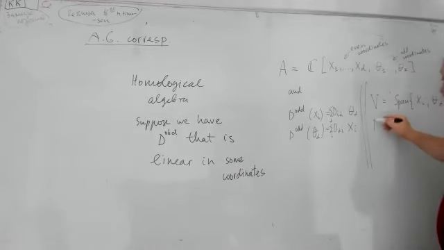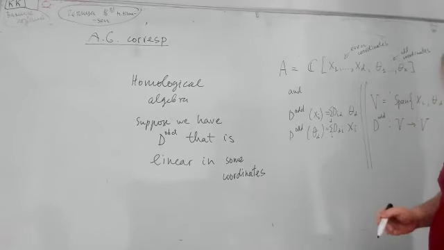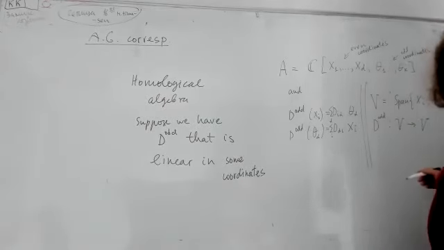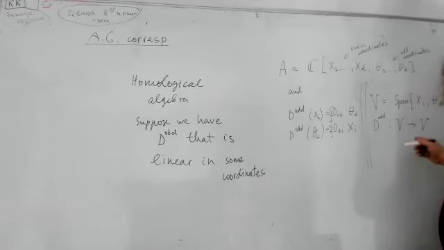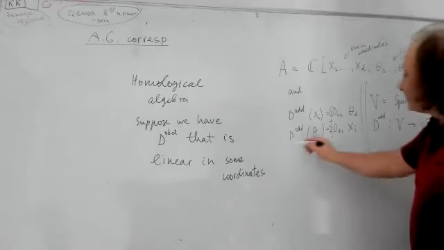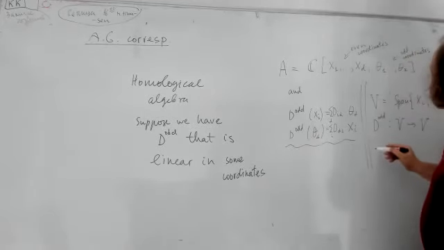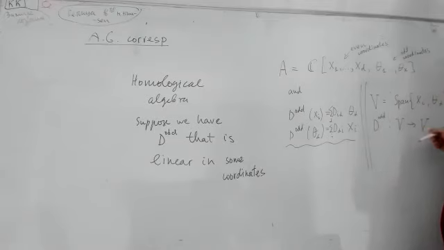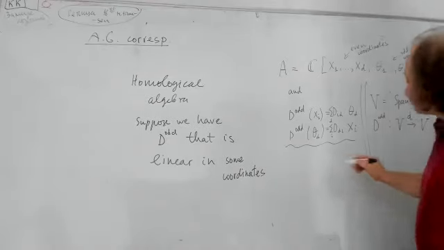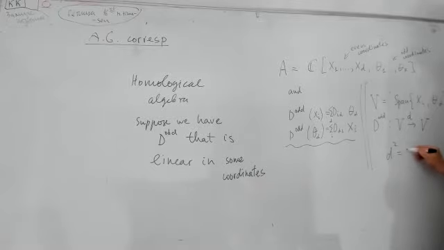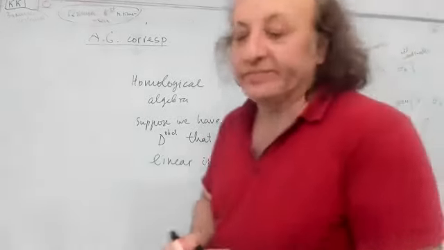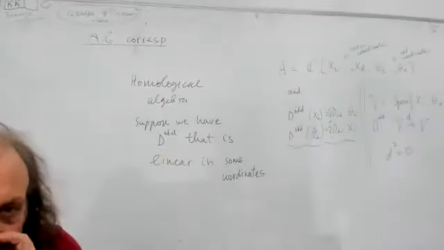And d odd takes V into V, which means that it is linear. Considered as a map from V to V, it is called D. And the condition is D squared equals 0. And this is homological algebra.